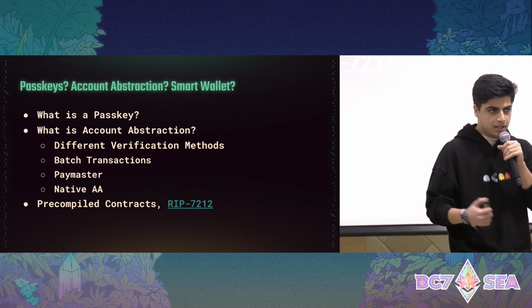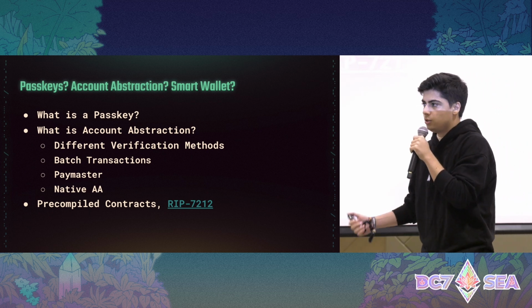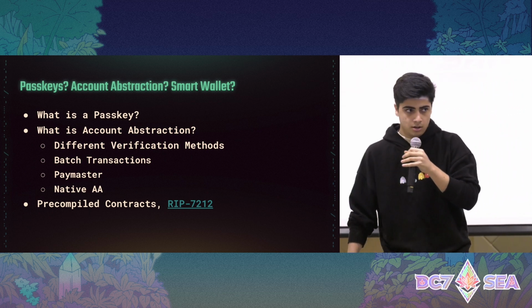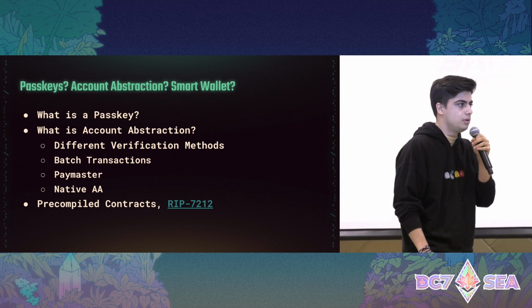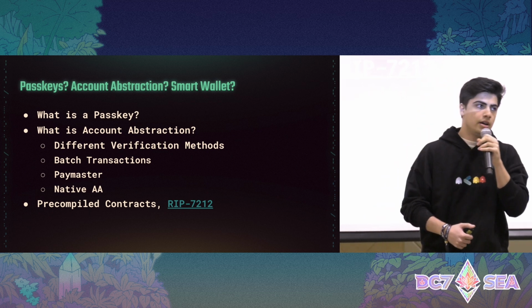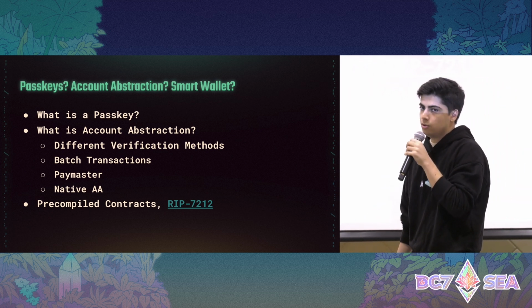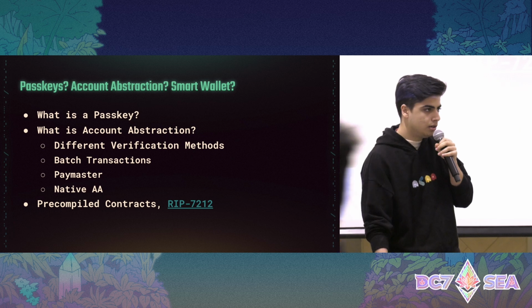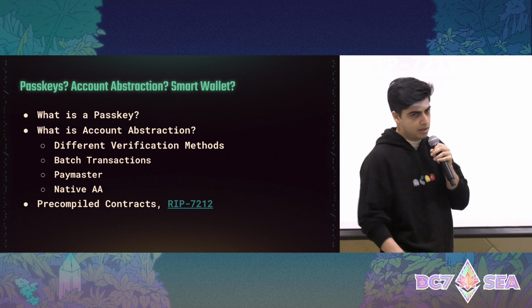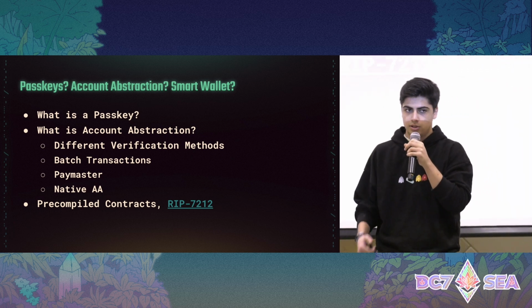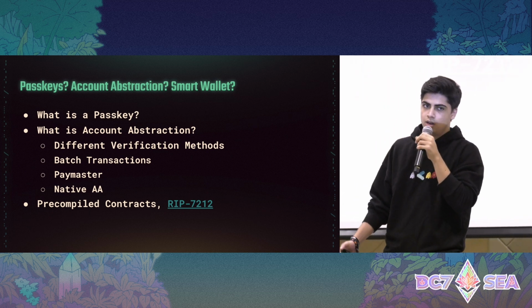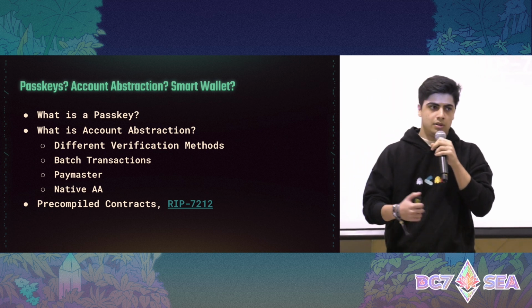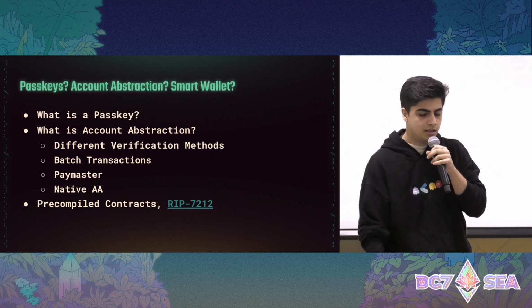Also, we discussed Passkeys and why they are not used in the current blockchain world. The reason is that Ethereum, and also Bitcoin, uses an elliptic curve called secp256k1. It's an elliptic curve which produces signatures, and you can validate those signatures on the smart contract level by simply calling some ECDSA libraries.